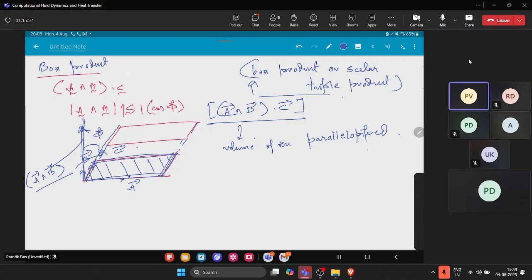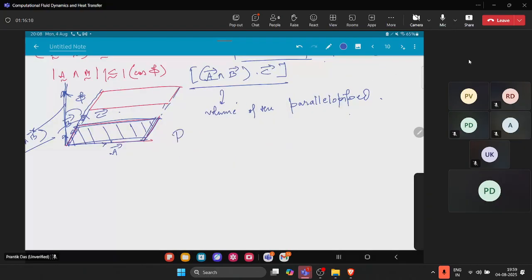Okay. So there are some multiple relations between the Kronecker delta and the unit alternating tensor, the Levi-Civita symbol. As of now, I am just writing the relations. If you want the derivation of it, I can send you, but in the class itself I am not discussing it.